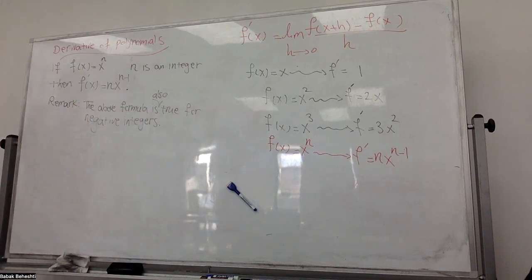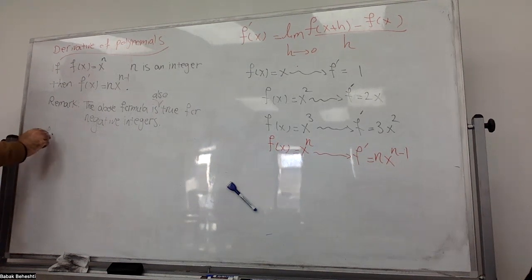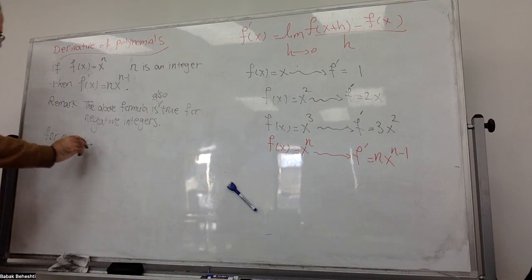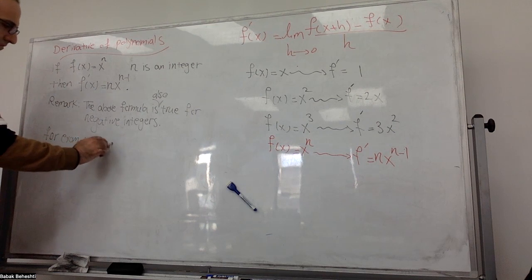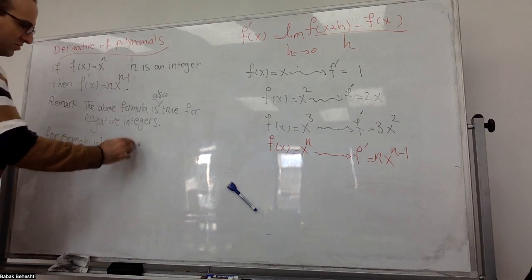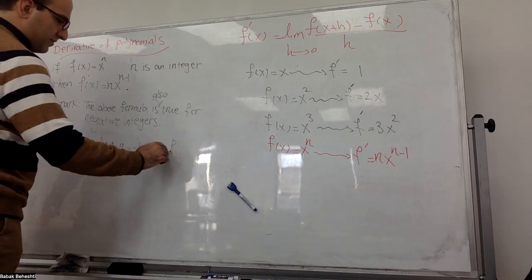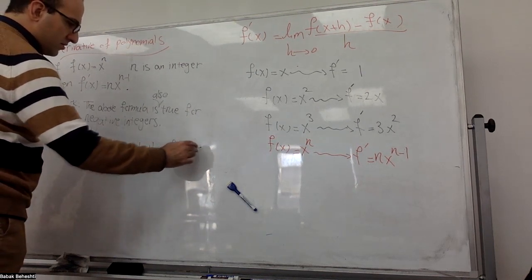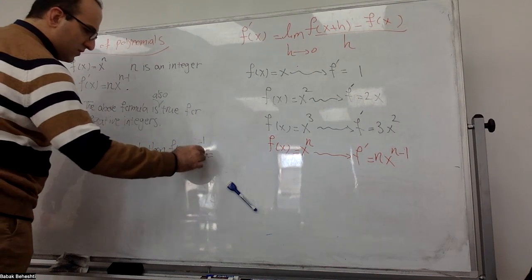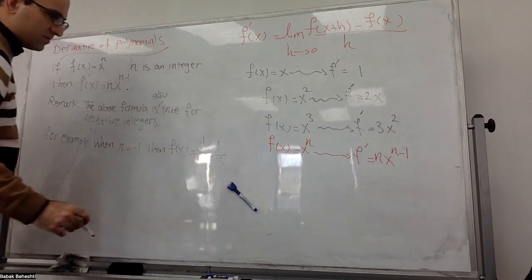So be careful. n can be a negative integer. For example, let's check it. If n equal to -1, then we have f of x equal to x to the power -1, which is 1 over x, right?